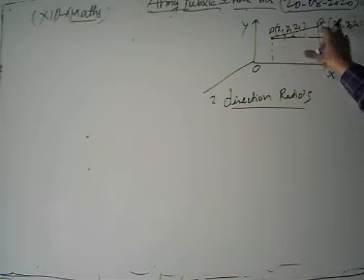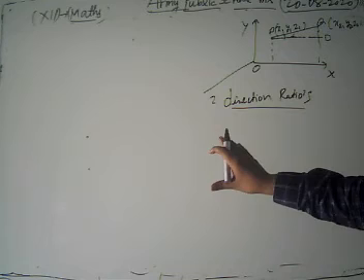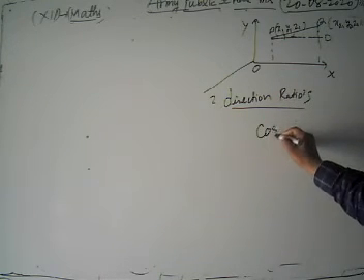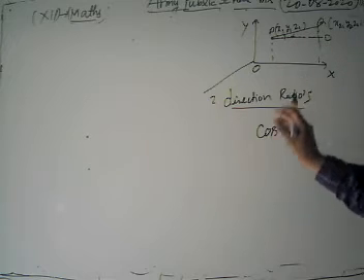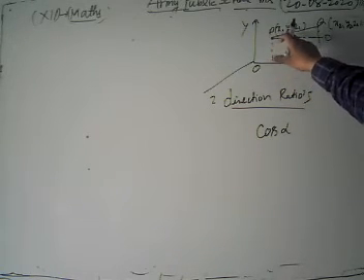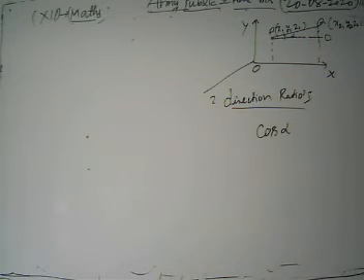We take PQ with the foot O. Then for cos alpha, the point P has coordinates x1, y1, z1 and the coordinate of Q is x2, y2, z2, so cos alpha is given by the base PO upon PQ.